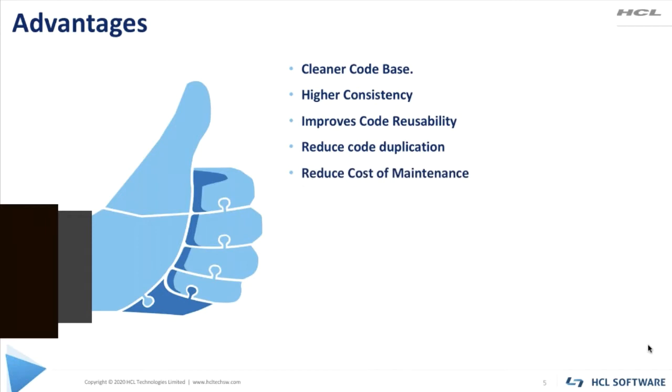Next, we are reducing cost and maintenance. Let's take it in a different way. If on each and every page we have this embedding logic, and we want to change the complete embedding logic on each page, it would take around, say, if I have 5 pages, 10 minutes each page, 50 minutes.